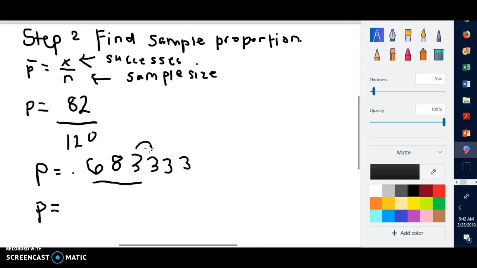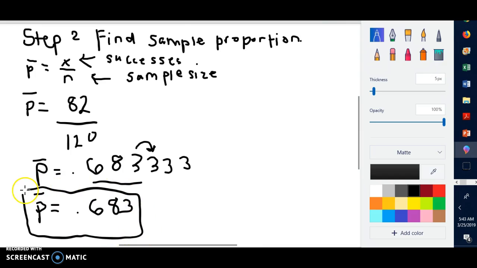That number is less than 5, so we're going to keep it, not round up. So p hat, and I've been forgetting to put the hat on the p, so let me go back and do that, p hat is going to be 0.683. The sample proportion is 0.683.